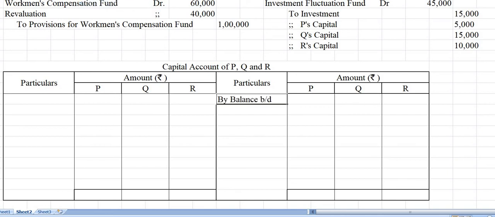Opening balance will be credited by balance brought down. For P it is given 2 lakh, then for P it is 2 lakh, Q 5 lakh and R 3 lakh.